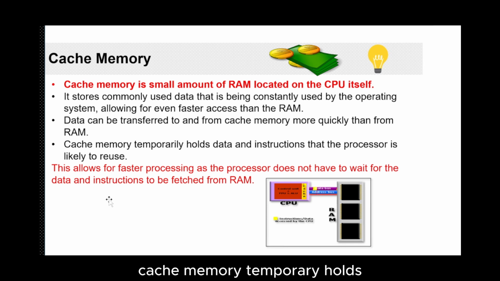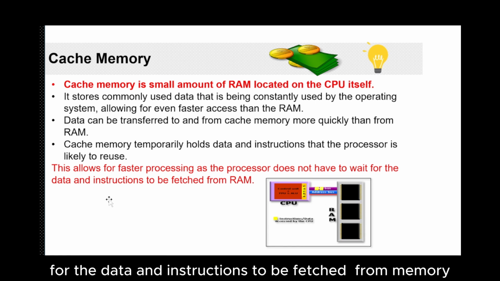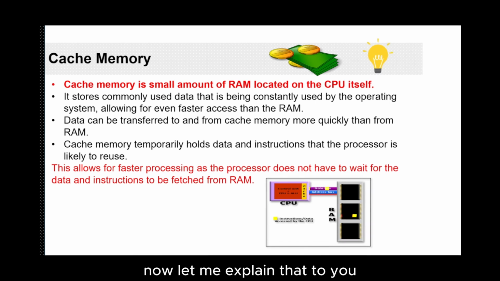Cache memory temporarily holds data and instructions that the processor is likely to reuse. This allows for faster processing as the processor does not have to wait for the data and instructions to be fetched from RAM. Now, let me explain that to you.